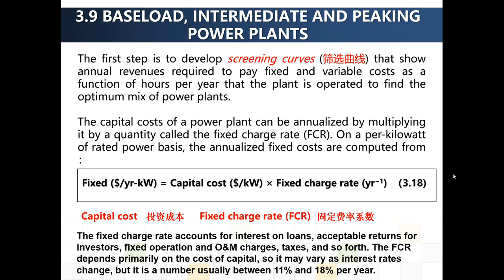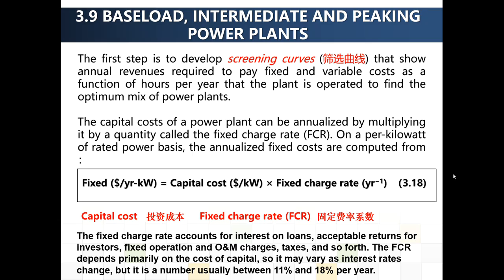The capital cost of a power plant can be annualized by multiplying it by a quantity called the fixed charge rate. The fixed charge rate accounts for interest on the loans, acceptable returns for investors, fixed operation and O&M charges, and taxes.